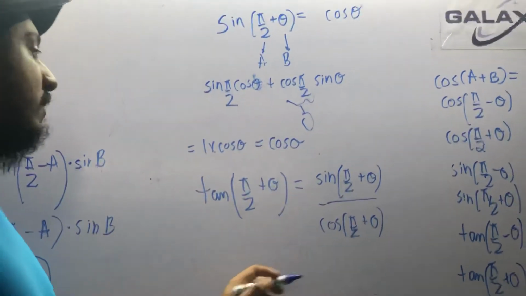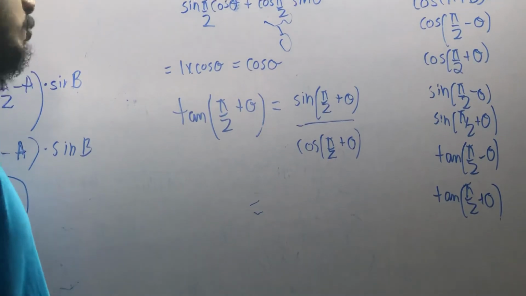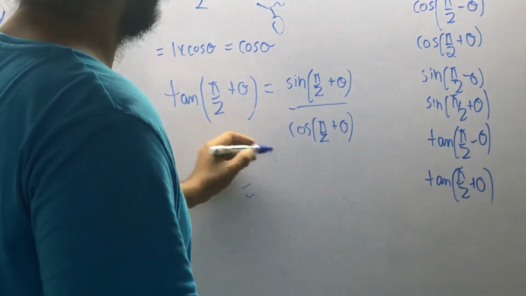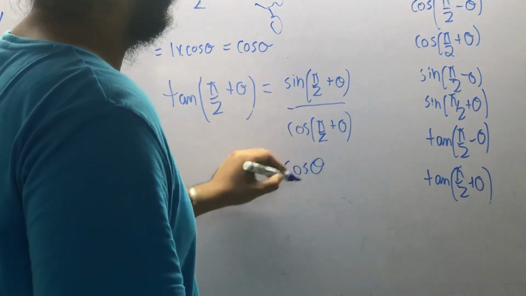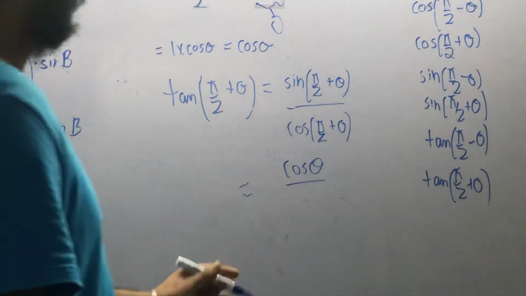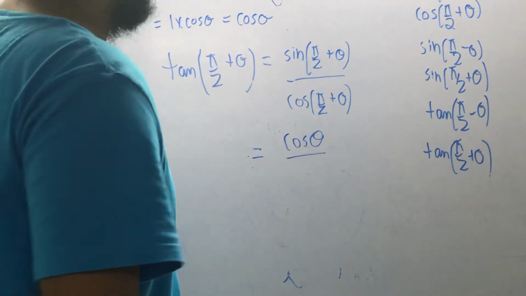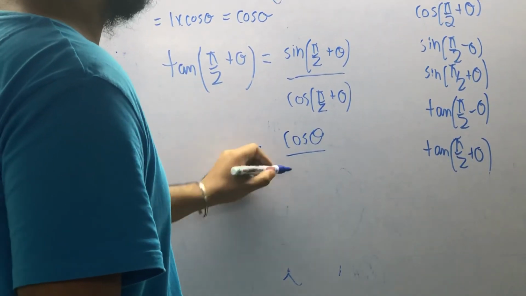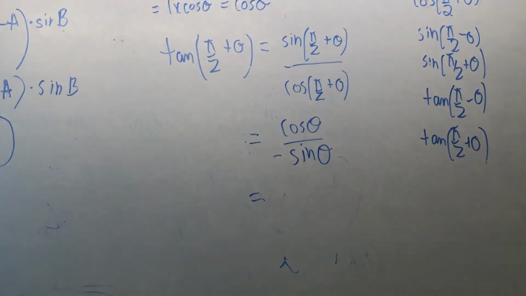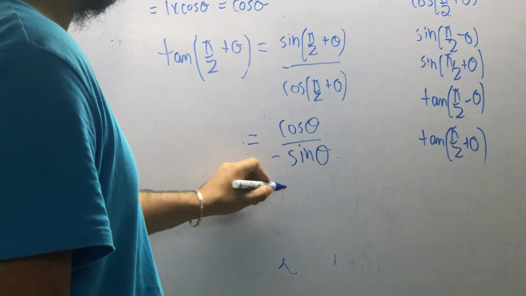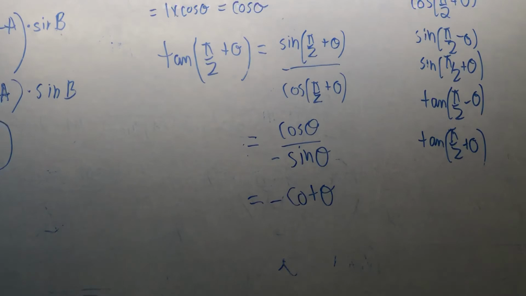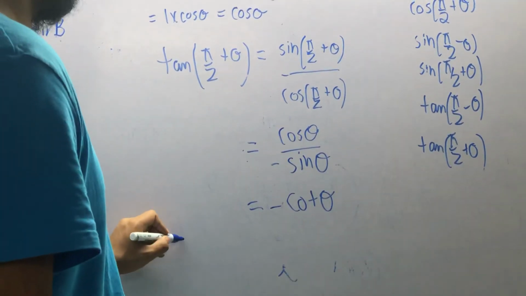So just put in the values. sin(pi by 2 plus theta) is cos theta, and cos(pi by 2 plus theta) is minus sin theta. This will be cos theta upon minus sin theta. So this will be minus cot theta. Next, last formula.